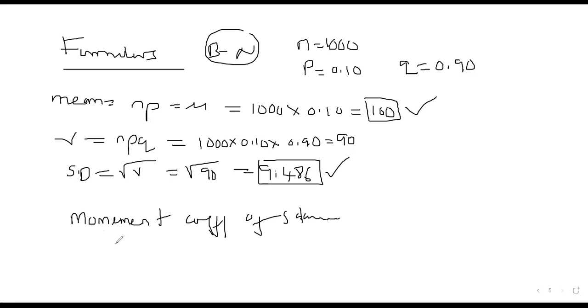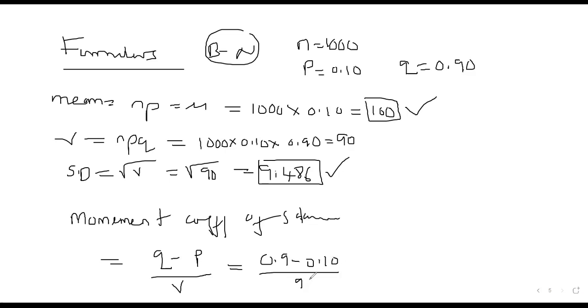It's simply found by subtracting Q minus P divided by the variance. So our Q was what? 90%, 0.9. Our P was 10%, 0.1. And our variance was what?